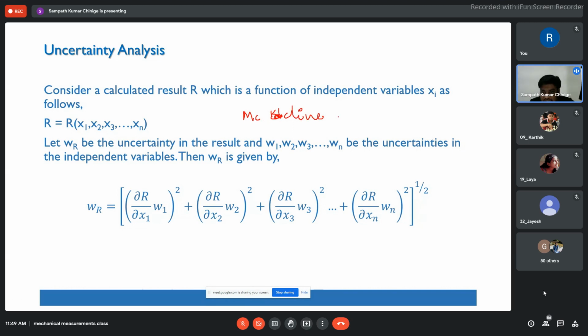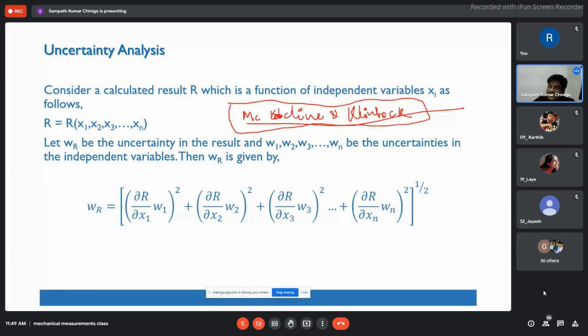So this method is given. This is what we generally follow in our experimental setups, in our macro experimental setups. This is the method we use for uncertainty analysis. So this is a must.